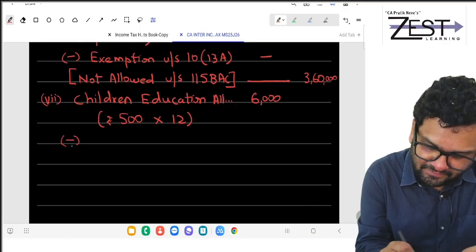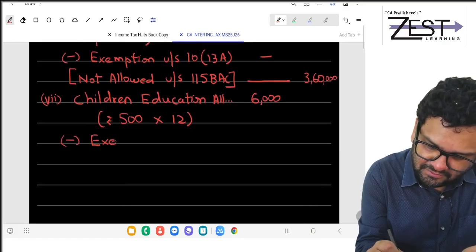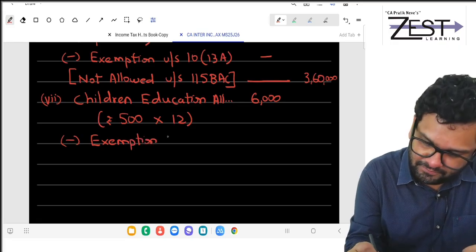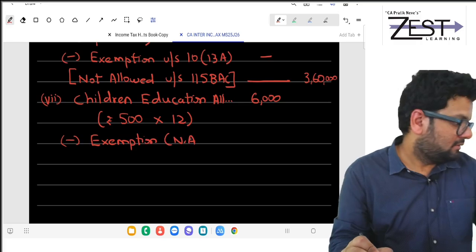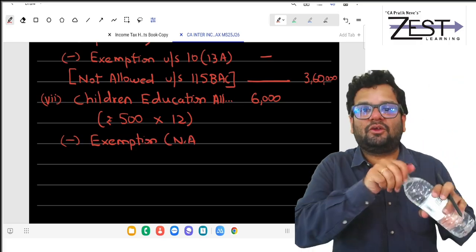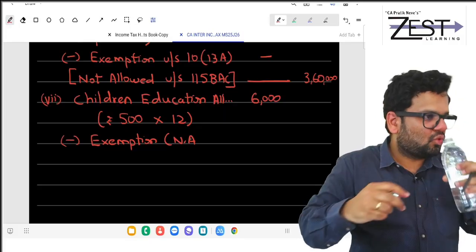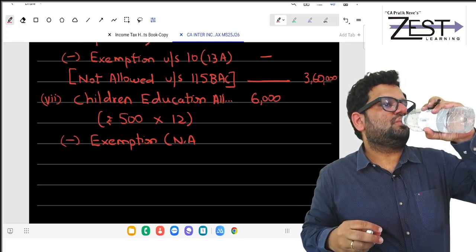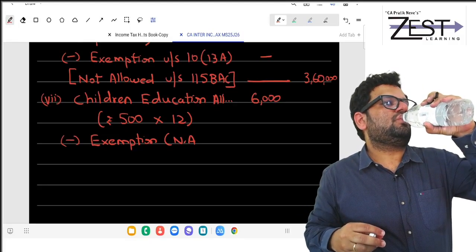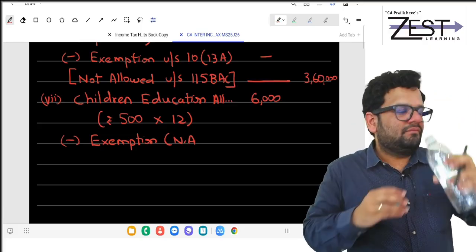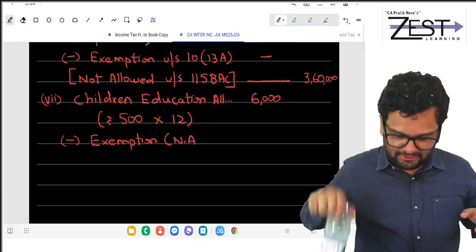Less exemption. Exemption again will be what? Not applicable. Why not applicable?